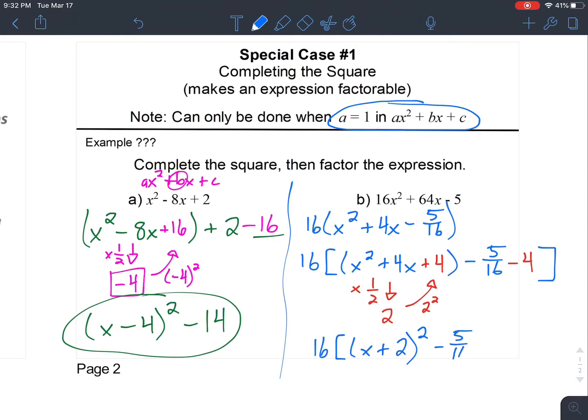So now we're going to have minus 5/16 and then minus, well, 4 is the same thing as 64 over 16. So if we simplify again, we can take that negative 5/16 and subtract the 64/16 and get minus 69 over 16.